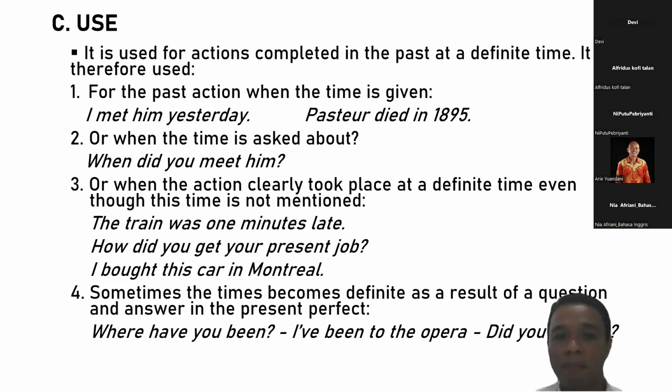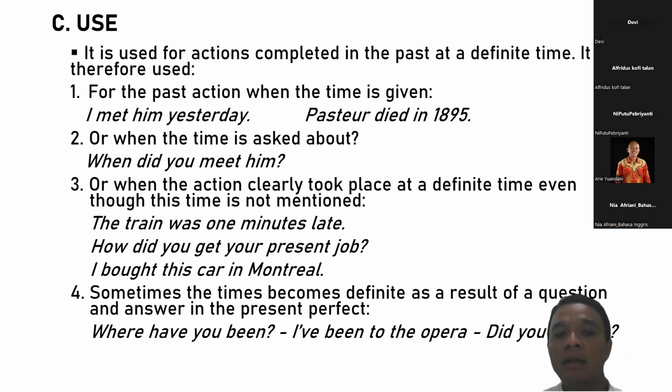For example, for a past action when the time is given, I met him yesterday. Or, it happened in 1895. So when you find sentences like these, it is a past action when the time is given.